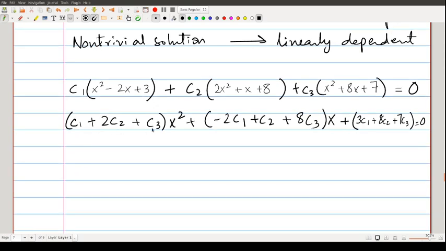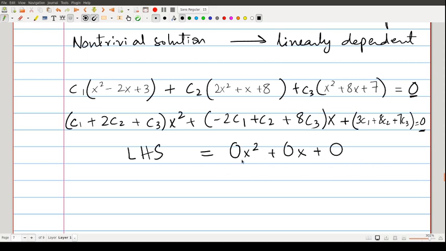Okay, and so the equation has become this: c1 plus 2c2 plus c3 times x squared plus this x plus this, and all of this equals the 0 vector. Remember, this is the 0 vector. So on the right hand side, let me just write the left hand side as it is. This is my entire left hand side, but my right hand side is actually the 0 vector, and the 0 vector in the P3 space is simply 0 times x squared plus 0 times x plus 0.